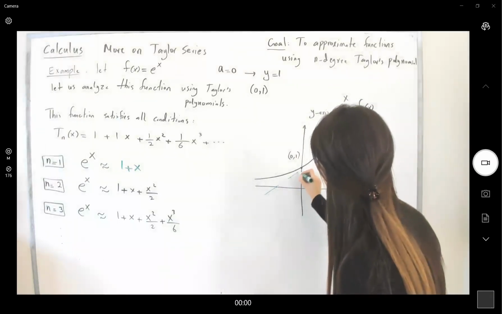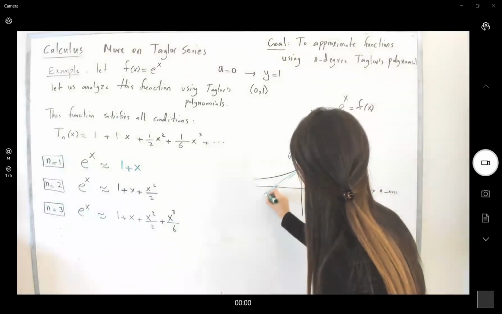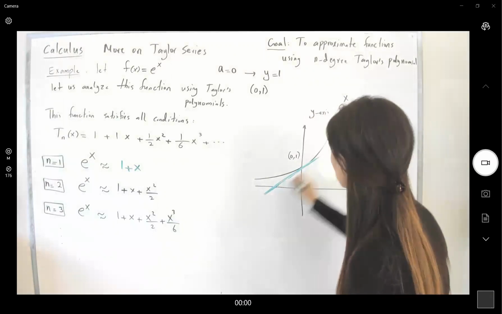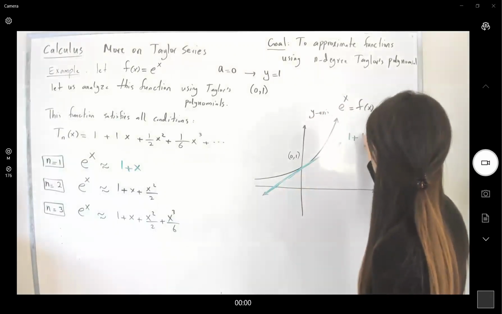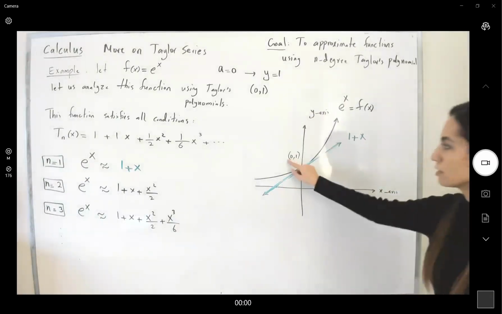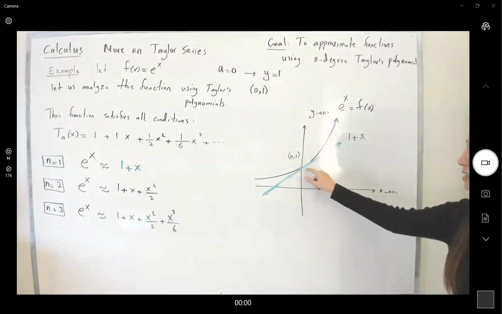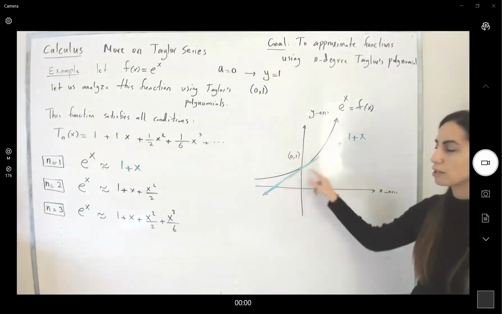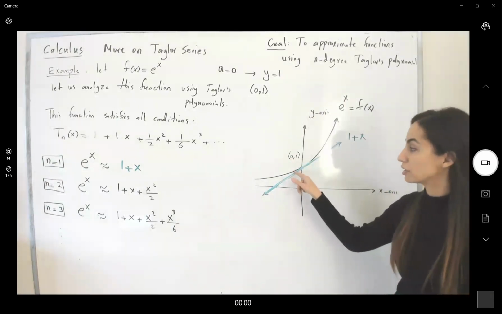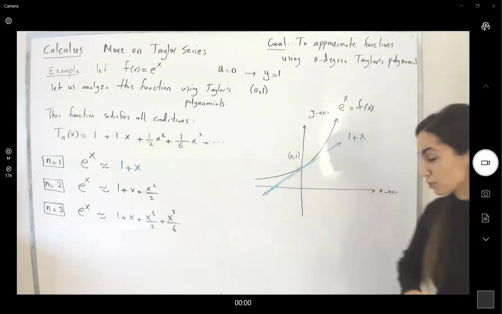This is your line, 1 plus x. Okay, so around 0 it's not that bad, but if you get further away, the approximation is not very good. You see the difference between these y values.